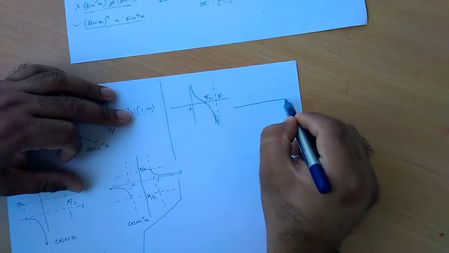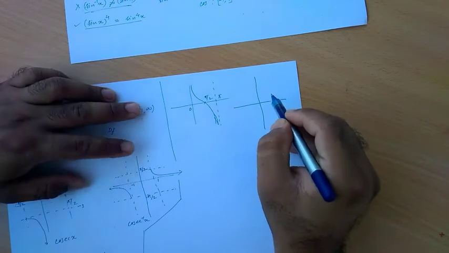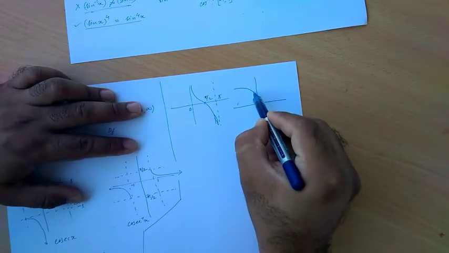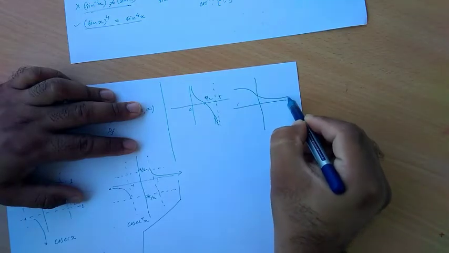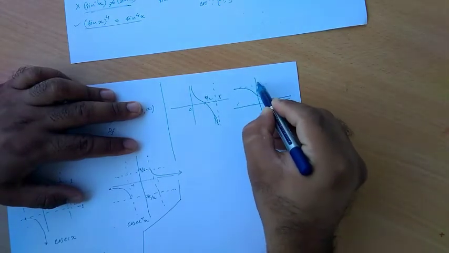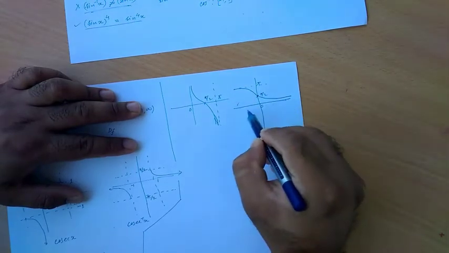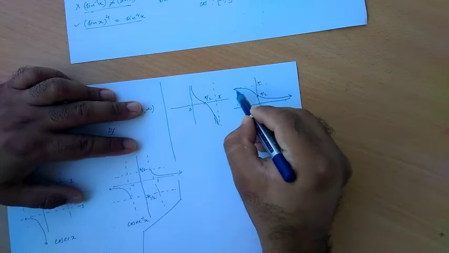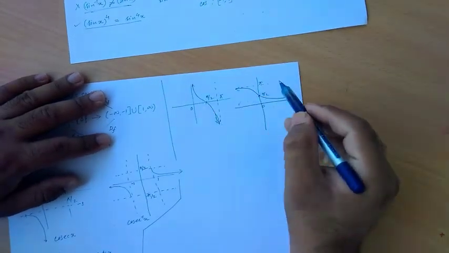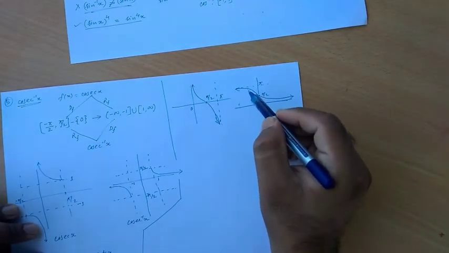Likewise, I'll get this curve, and let us consider this is pi, this is pi by 2, this is 0, and here it goes to infinity. We will have tangent at infinity in this particular thing.